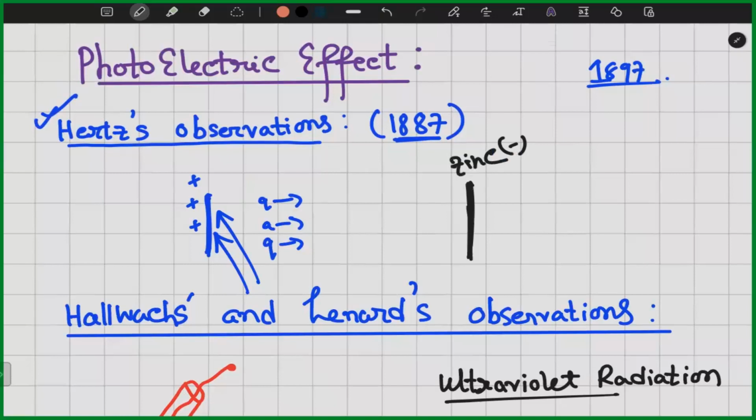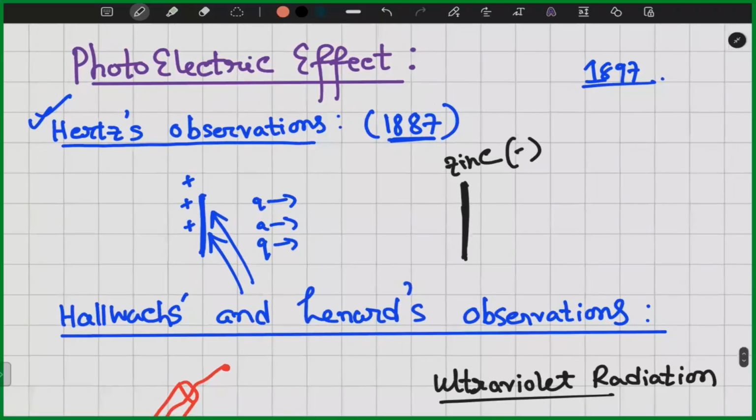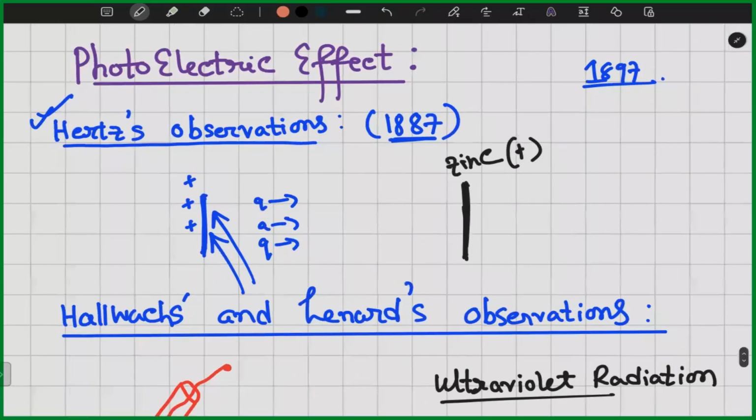When light is irradiated on this plate, the negatively charged particles are emitted, so it gradually becomes neutral, and with more light it becomes positive. Through this experiment, it was concluded that the particle emitted from the metal surface is a negatively charged, fundamental particle.